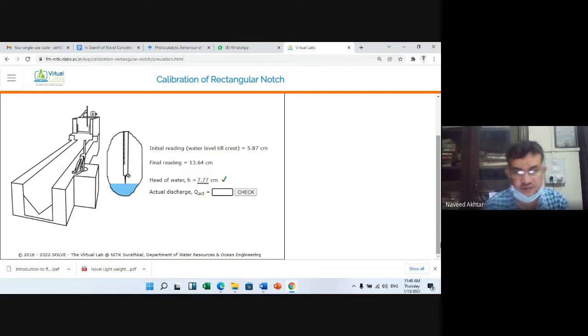So Q2 is 2 by 3 into 0.6, which is the CD, into 15.1, which is the length of the crest, into root of 2 into 981 centimeter per second square, into the difference 7.77 to the power of 1.5.